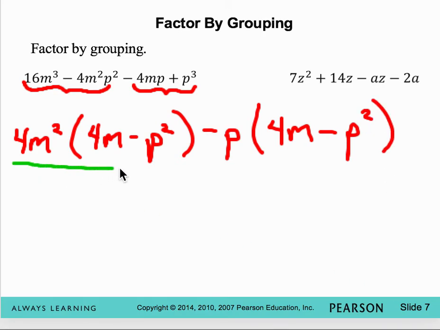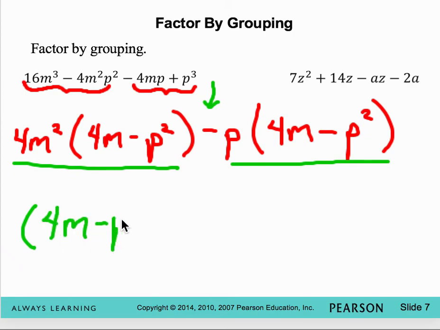Okay, so here are my two terms separated by the plus or minus. Oh, look, they both have a 4m minus p squared. And you put your parentheses, and what's left is 4m squared minus p.